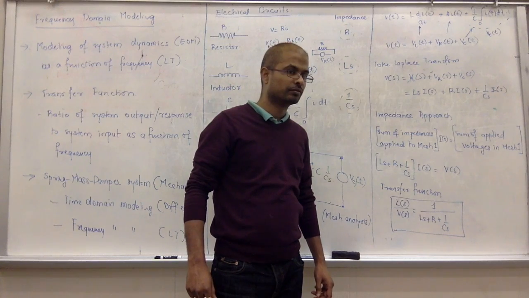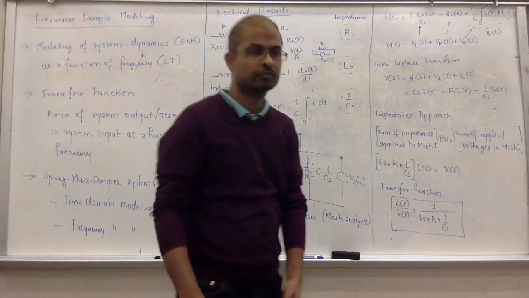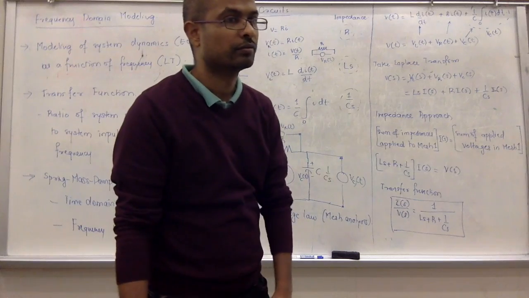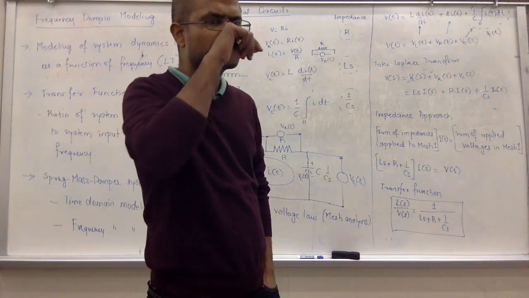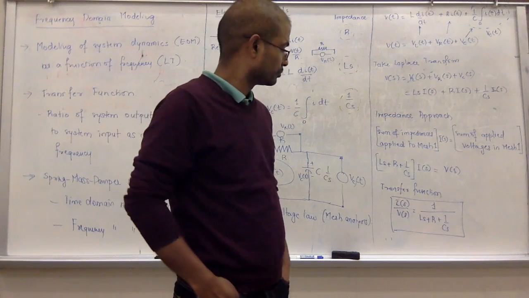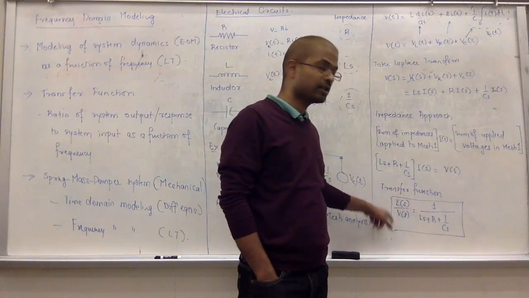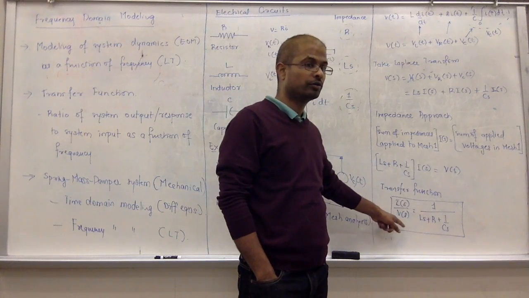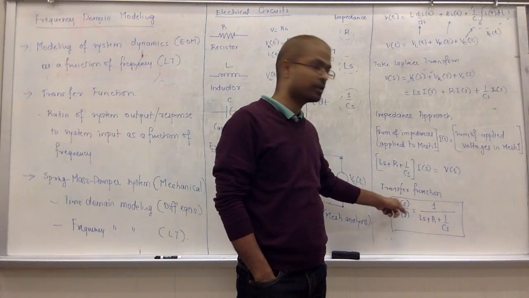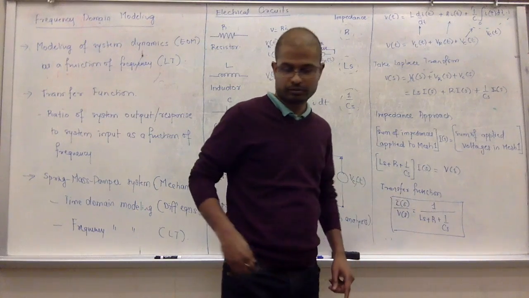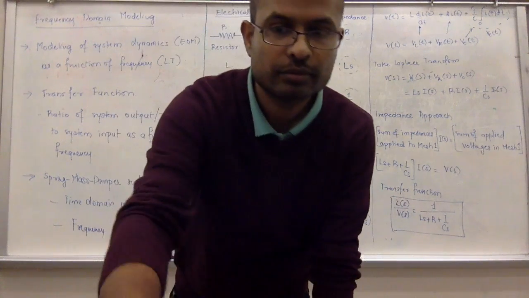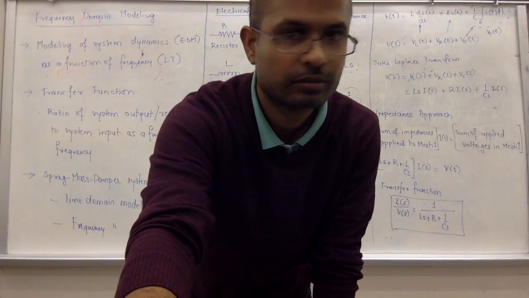The system transfer function, you have to express as output over input. Because you see this I of s is the output. We're treating that as the output.